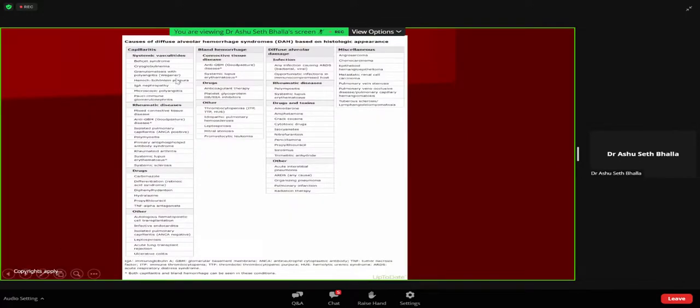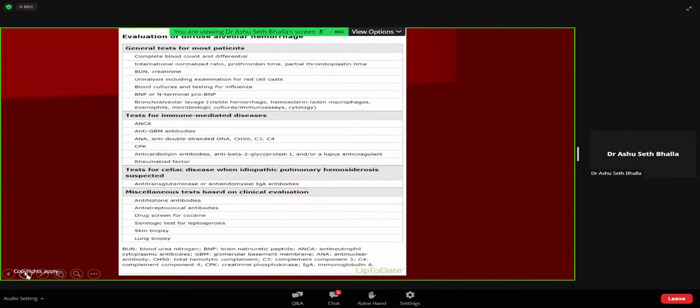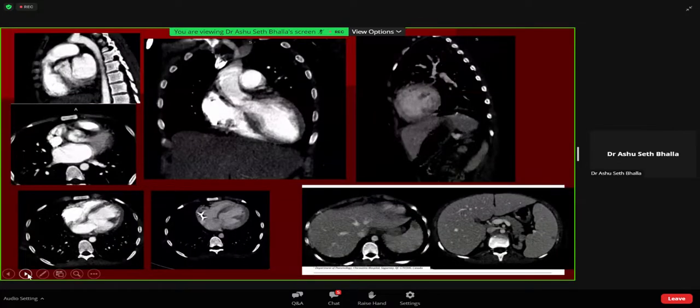UpToDate gives a whole lot of causes of capillaritis associated, of bland hemorrhage, of DAH associated with hyaline membranes. So whatever we could work up on serum levels, which means ANCA, immune complex, C3, C4, everything we were sending for, but I'll come to the findings.